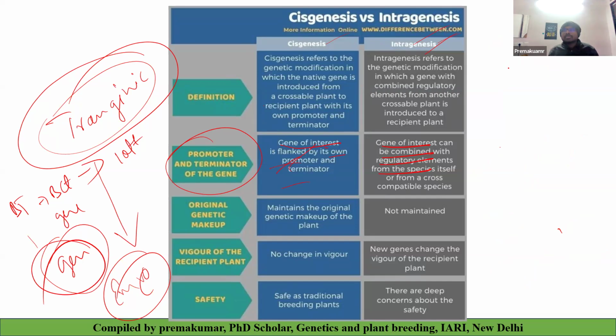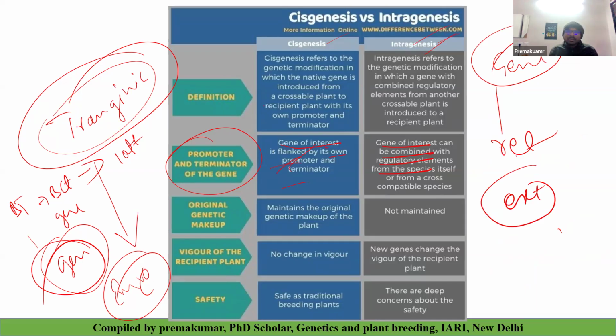You're bringing the gene from a related species, that is cisgenesis or intragenesis. Even though only the exon is from a related species, but it is immediately flanked by its own promoter and own terminator, it is called cisgenesis.